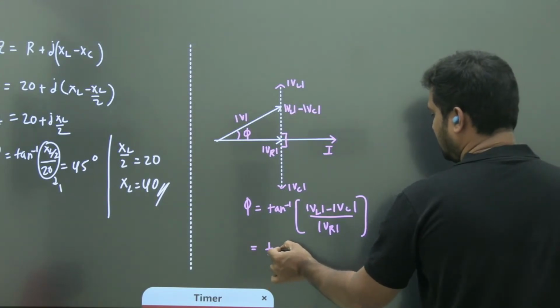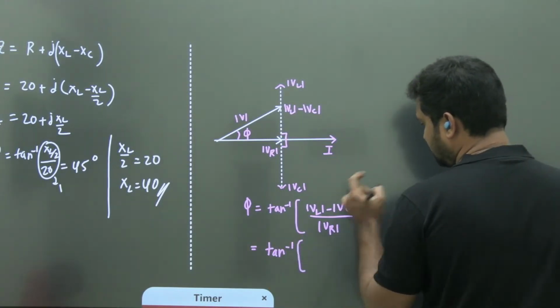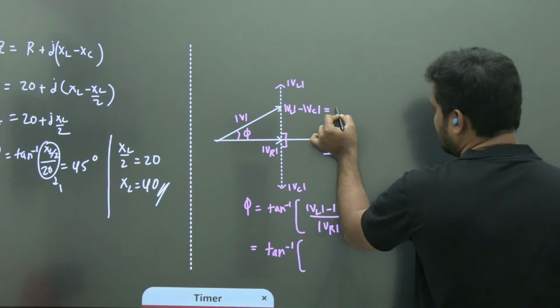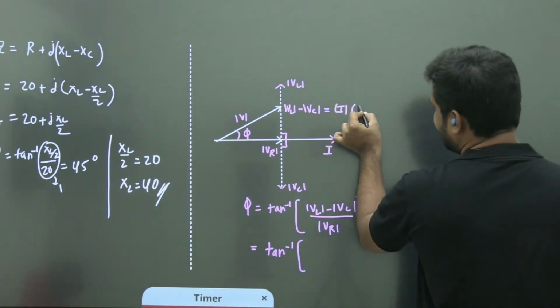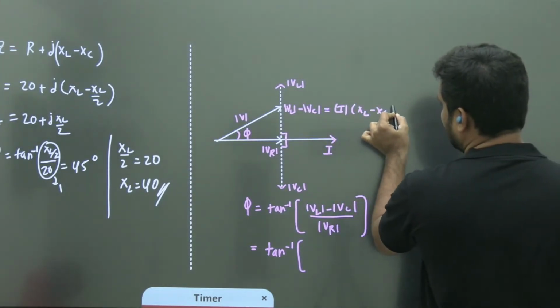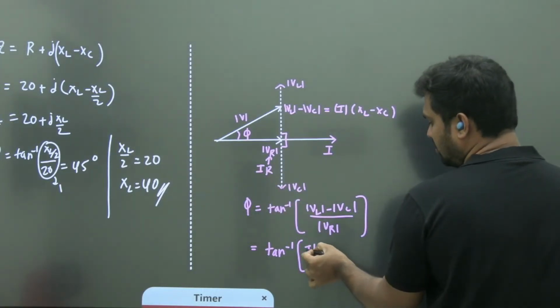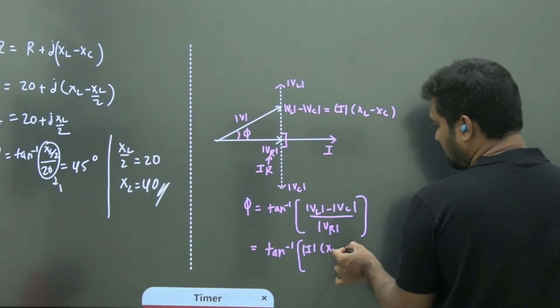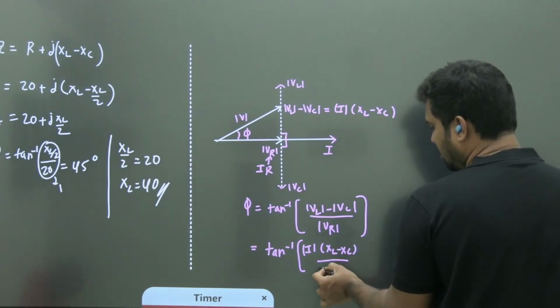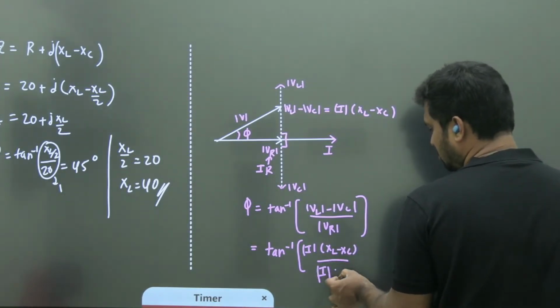So phi equal to tan inverse of (VL minus VC), which can be written as I into (XL minus XC), by VR, which can be written as I into R. In this way also we can do. That is from the phasor diagram I am doing it. (XL minus XC) by I into R.